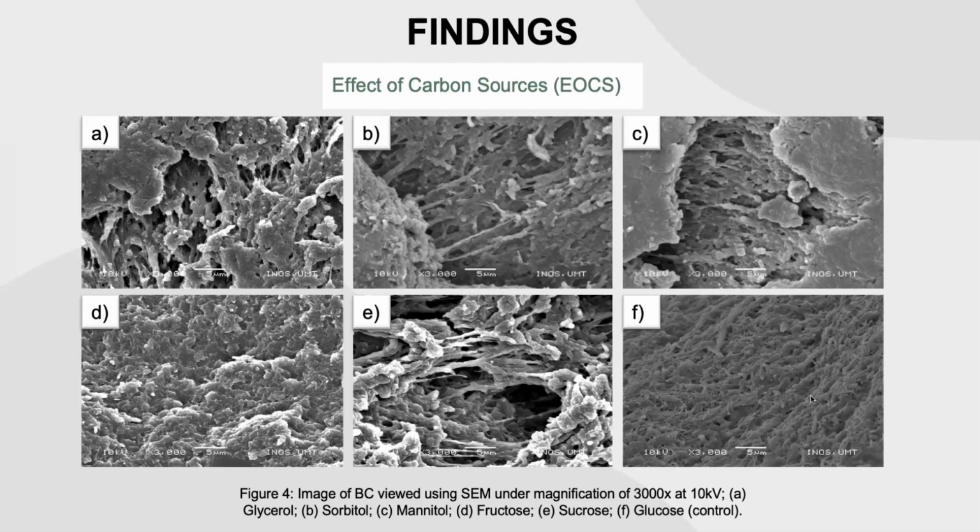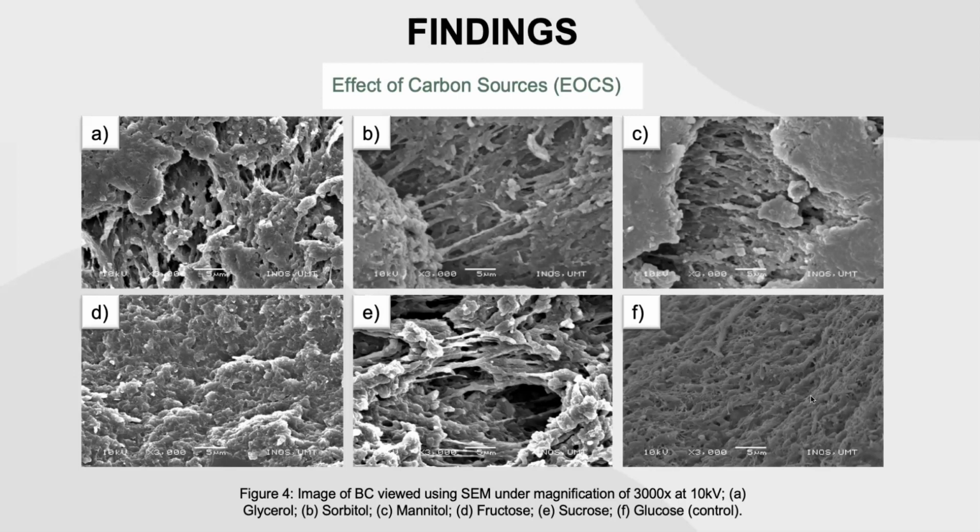So these are some findings that have been obtained. If we look at this picture, these are the structures of cellulose nanofibrils under the scanning electron microscope. For A to F, the bacterial cellulose was fermented under different carbon sources.